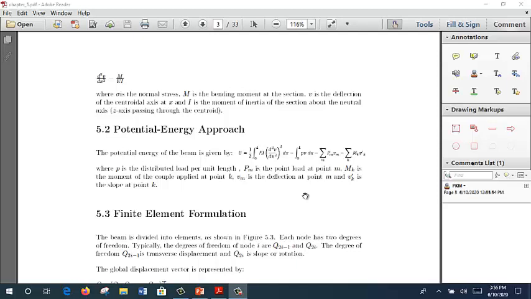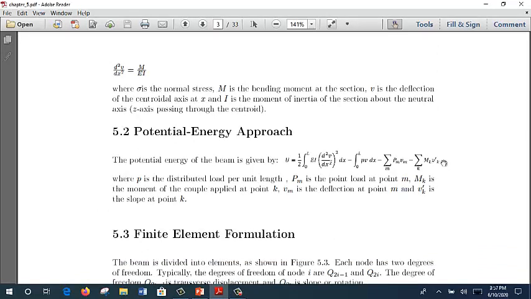Also, in order to find the solutions in the energy approach, we use a mathematical solution we call the Galerkin approach in order to get the equilibrium equation. I'm not sure from here, because it will not be covered in your final, but for your information, if you use the Galerkin approach to get the equilibrium equations of the energy, you can get it by setting the summation of all these things equal to 0.